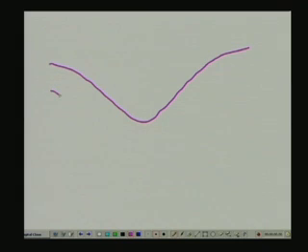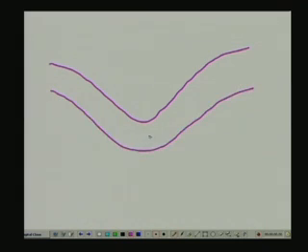Now, let us say we have got a configuration where there are layered rocks, and what we have got here is a fold called a syncline. You recall this from your previous notes.